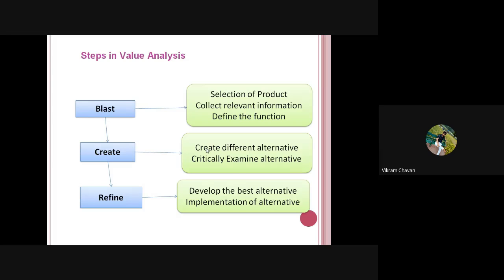If you are working on a VMC machine and more time is invested in changing the job location, you use fixtures, and in those fixtures locations are there according to the process. If one step is completed, then the job is rotated on the fixture and the location is changed for that particular job. 8-9 jobs are located on one fixture and the manufacturing is going on. After completion of one stage, the jobs are rotated, and in this manner time is saved.